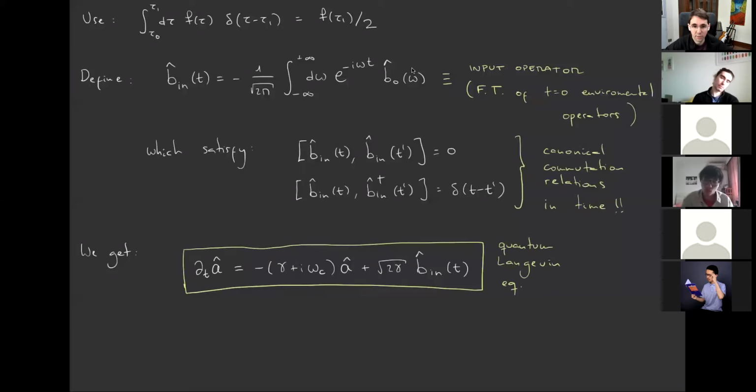equation. Okay? And I note that this is similar to the Heisenberg equation of motion. So we have an evolution equation for the operators, in particular for the annihilation operator, but it has two important contributions. The first one is this gamma in here, minus gamma A, that is damping.